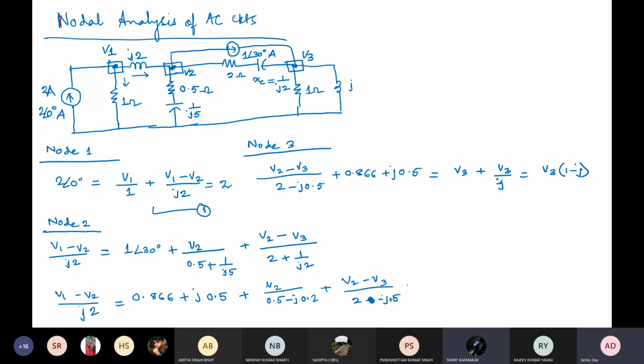This is equation 2. And this is equation 3. So once you have these three equations, then next is to make it simpler and get the overall expression.